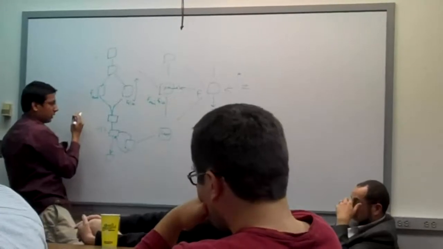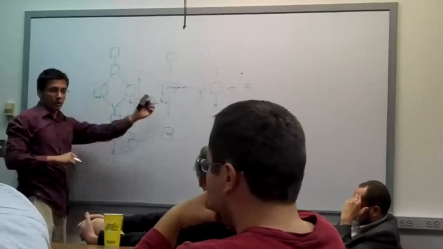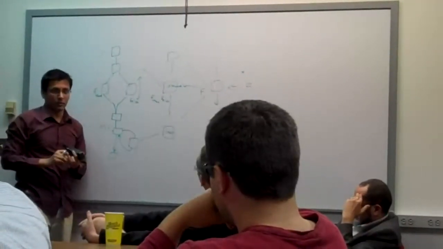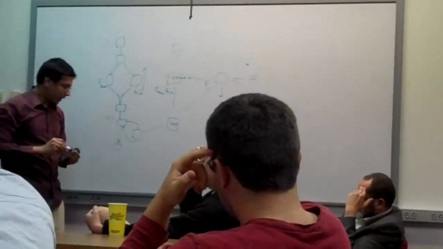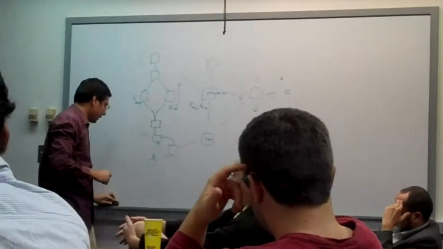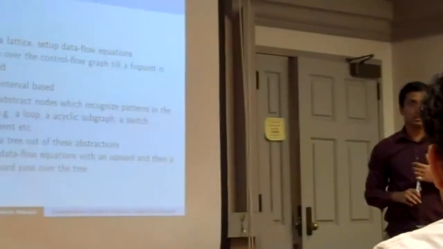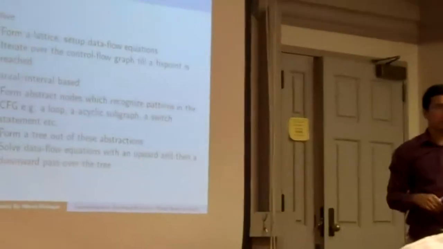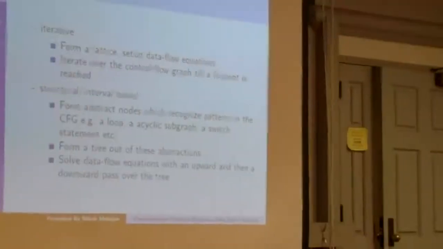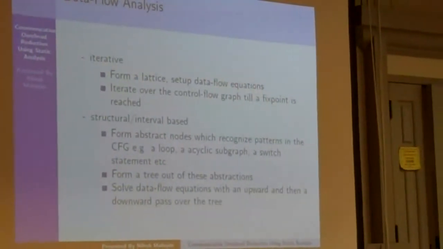So that is a downward pass. So you are done in two passes, basically. But as far as I can tell from the literature, they are saying that iterative analysis is easier to implement than this, and in practice iterative analysis is as fast as the structural analysis.